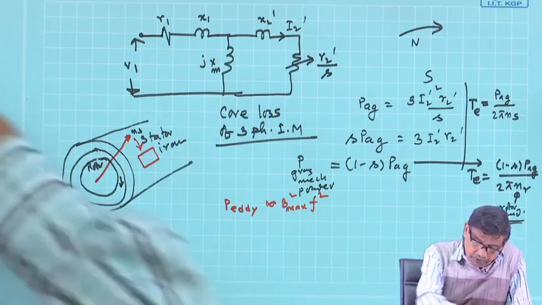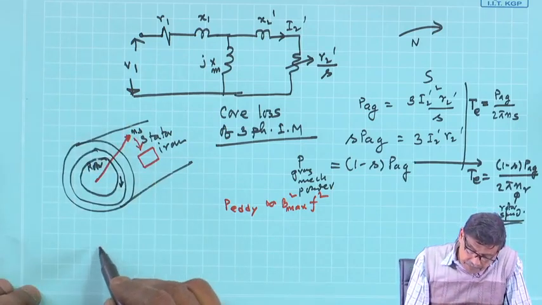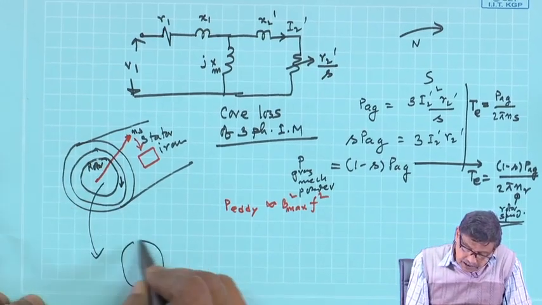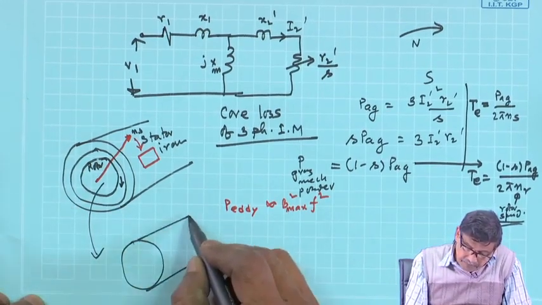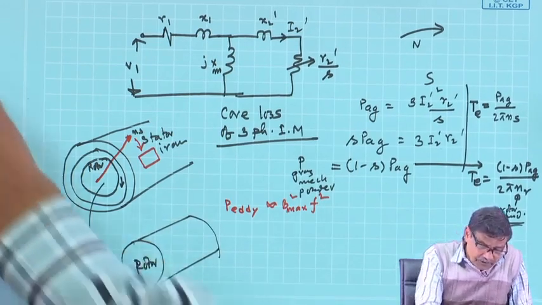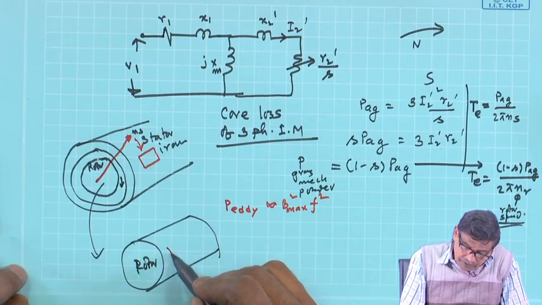Now, on the rotor body, suppose I am drawing the rotor iron separately, this is the rotor. Also, you consider a loop on the rotor iron.